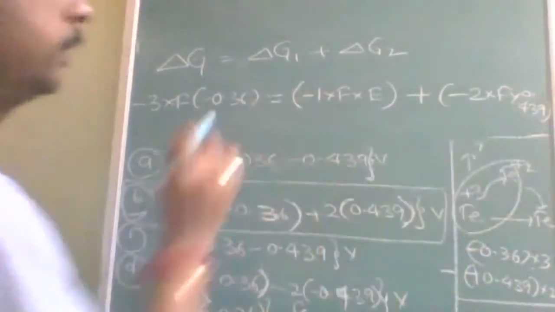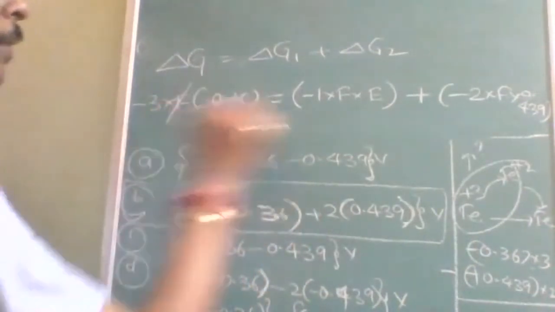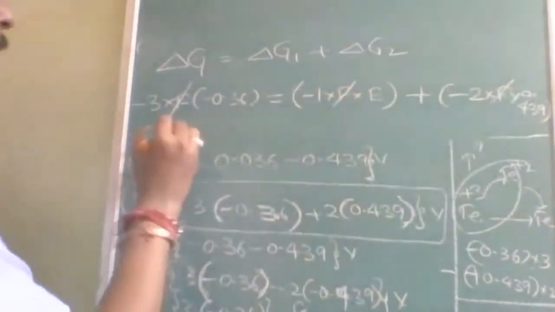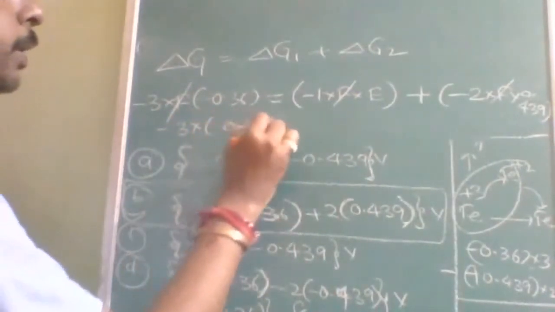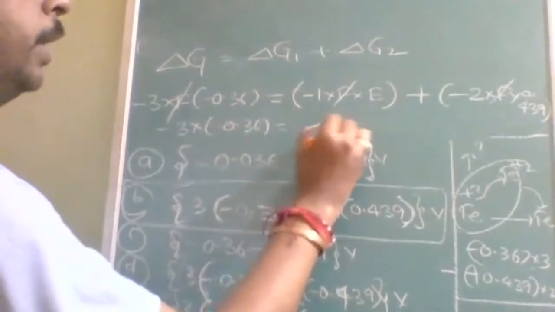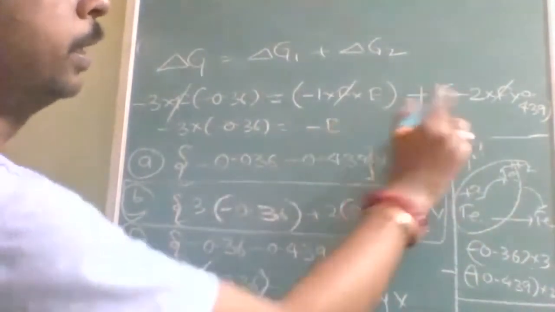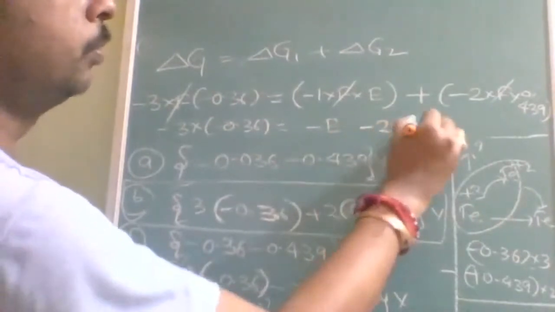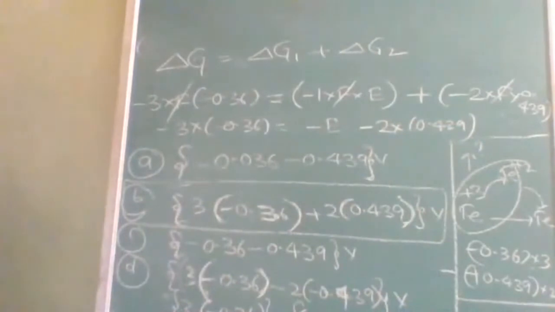There is a print mistake in the question. Now I am correcting, listen carefully. So this F and F will get cancelled. Minus 3 into minus 0.36 is equal to minus E, then minus 2 into 0.439. Now you tell me what is the correct answer.